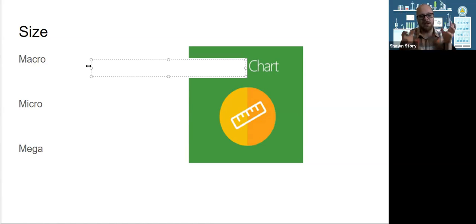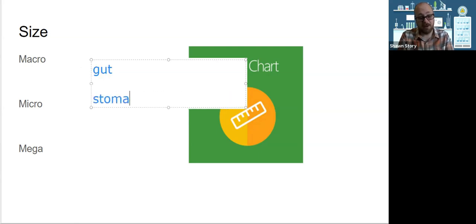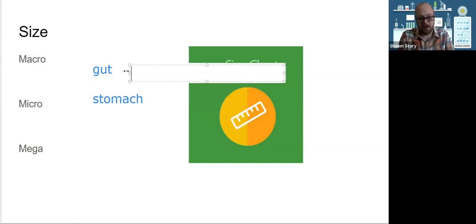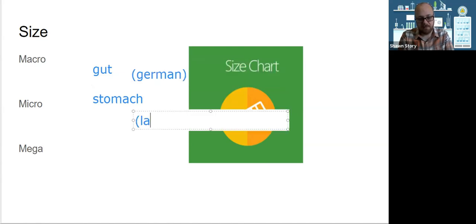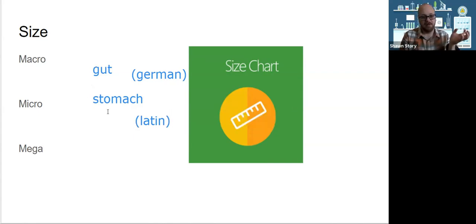And we get really interesting vocabulary, where we have terms that mean the same thing, but have a little bit different feeling because of what language they come from. For example, we have the word gut and we have the word stomach. They mean the same thing, right? But gut comes from the German, stomach comes from the Latin. Gastro, gut, stomach.